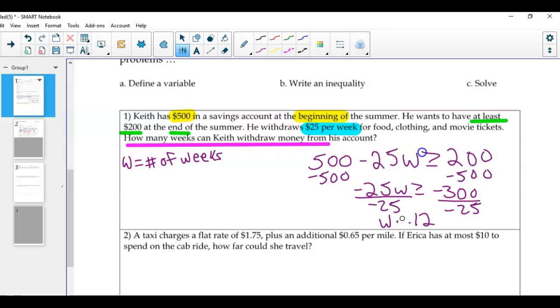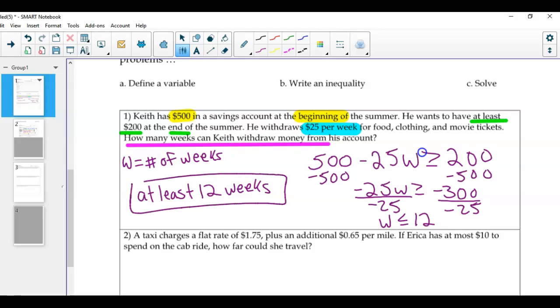I'm just going to redraw this because it looked a little weird. So he can withdraw money from his account for 12 weeks to still have $200 at the end of the summer.